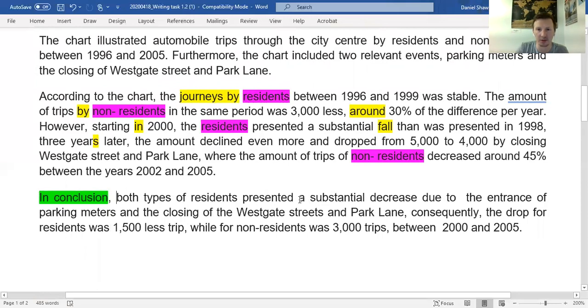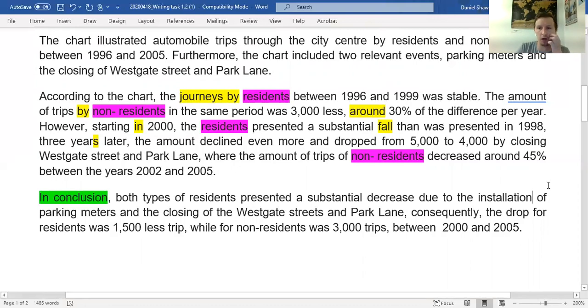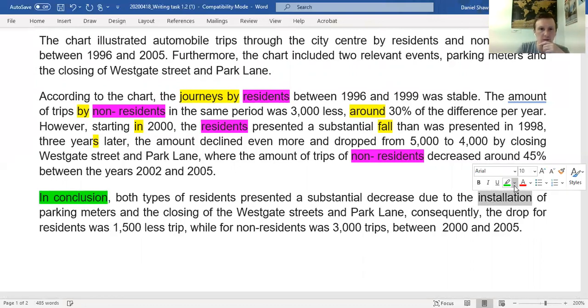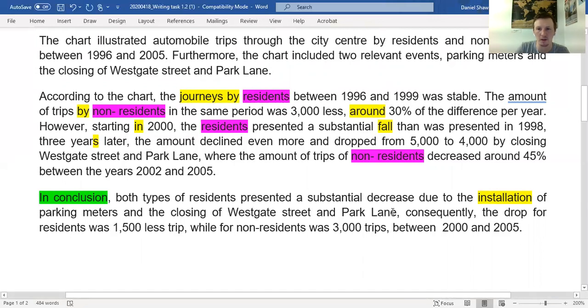Both types of residents presented a substantial decrease due to the entrance of parking meters. So due to the entrance, we can change this word. Due to the installation, putting in parking meters, so installation of parking meters, and the closing of the Westgate Street. So we don't need the, so in closing of Westgate Street and Park Lane.